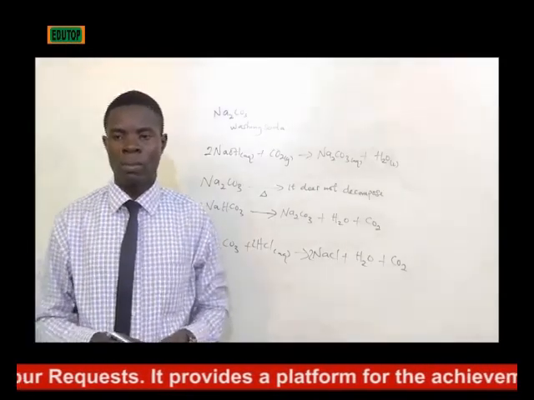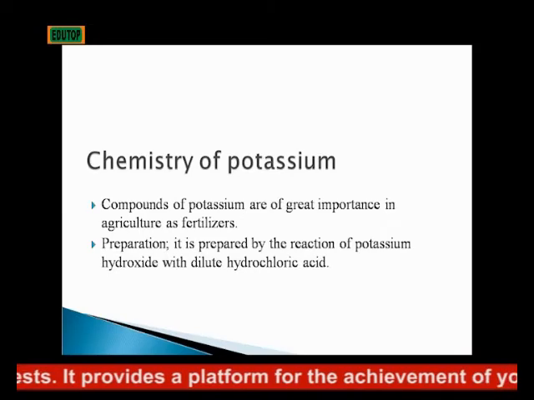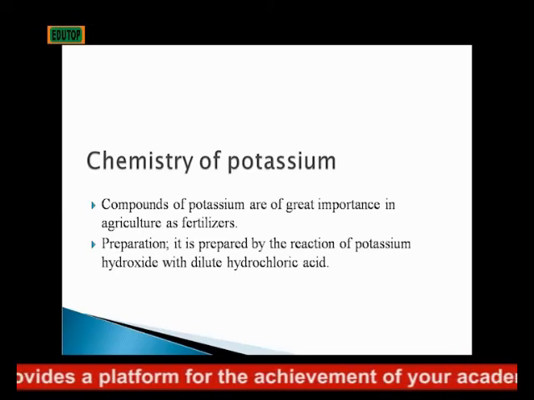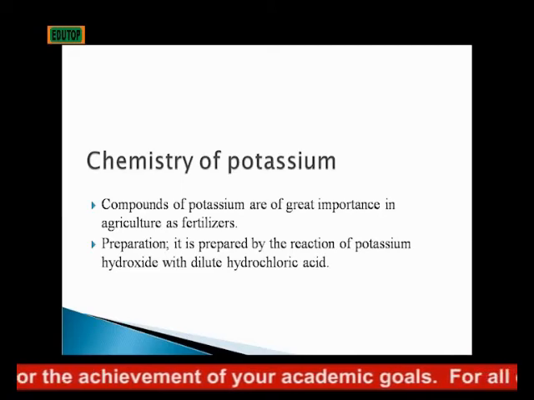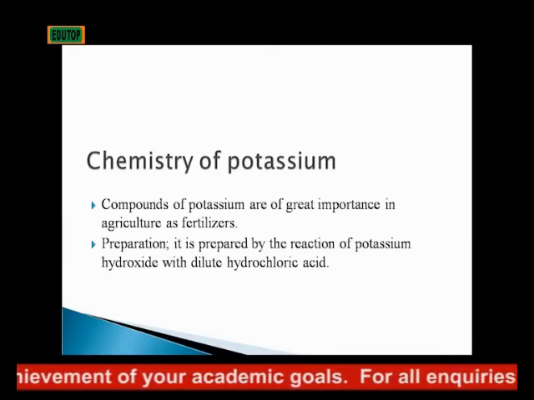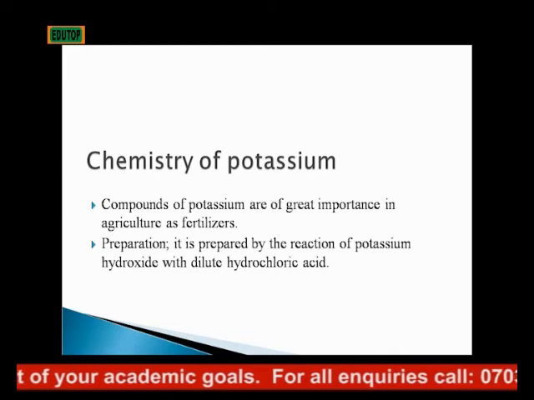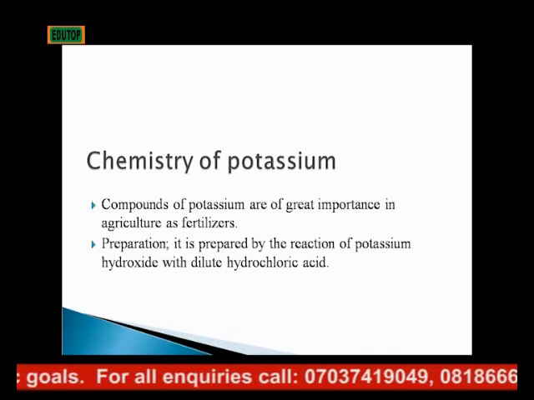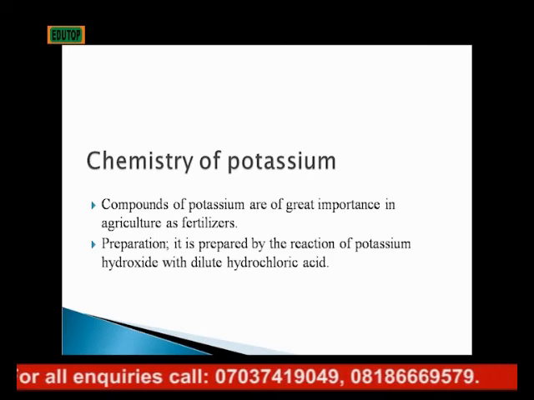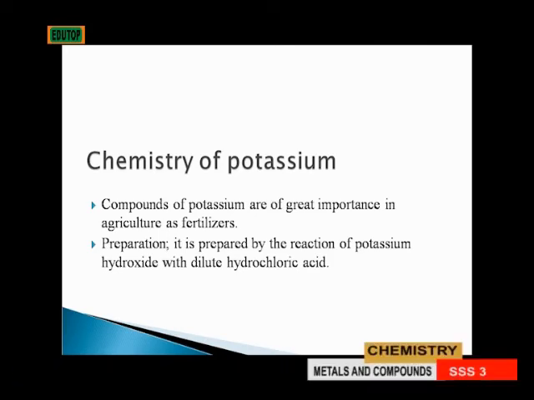Chemistry of potassium. Potassium is also a member of the group 1 elements. Compounds of potassium are of great importance in agriculture as fertilizers. Preparation. It is prepared by the reaction of potassium hydroxide with dilute hydrochloric acid, and that is also known as acid-base reaction to give salt and water.